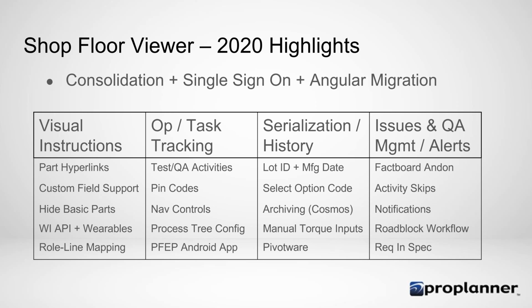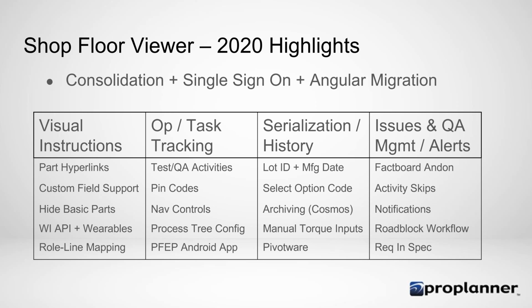Shifting over into some of the as-built data collection about the unit itself, I'll hit on a couple of key points here. So we have uniquely in Q3 of this year developed a workflow with one plant in particular that had a need for operators to be able to select or associate option codes to a unit at the station.